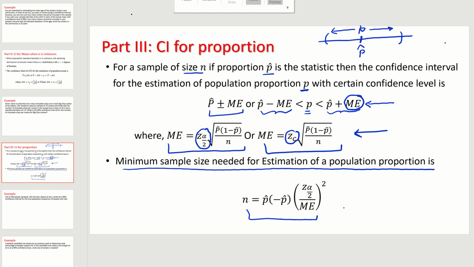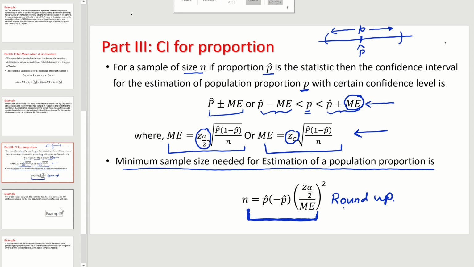And by calculating the value of n or sample size using this formula, if we get a decimal value, you always need to round it up to a whole number. So that is the introduction to confidence interval for proportion.